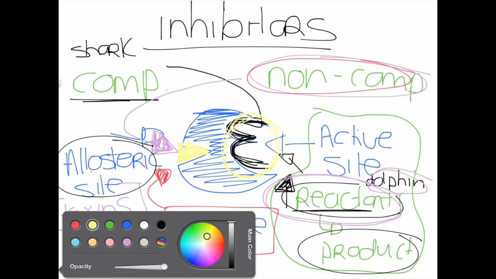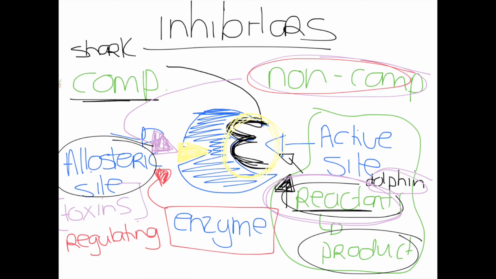And if you change the active site, it's not going to be able to bind with these reactants, and we are not going to be able to form products. So that's when it's a toxin. Sometimes there are toxins that bind with enzymes within the mitochondria, and that reduces the amount of ATP that we can produce, which can be extremely deadly because we need ATP for so many things in our body.